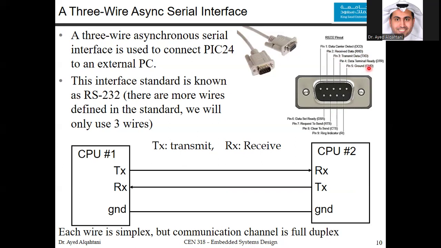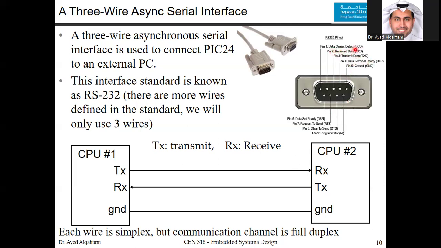Other than that, there are status wires that could be used, like the request to send, the clear to send, and we have ring indicator, data set ready, data terminal ready, and data carrier detect.